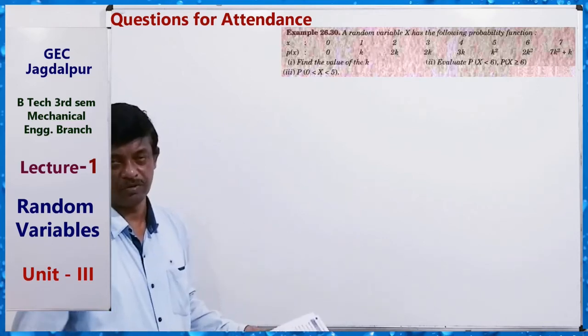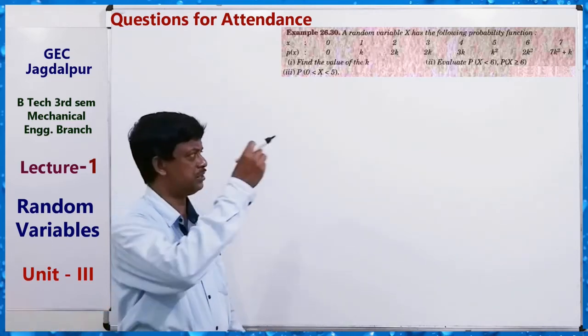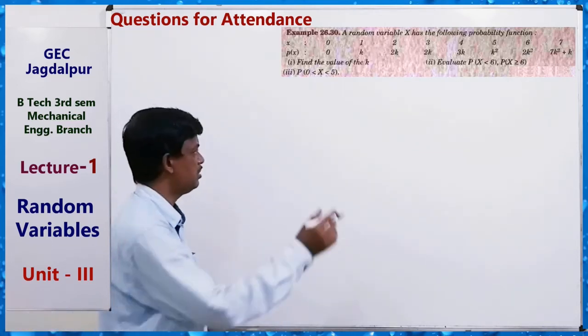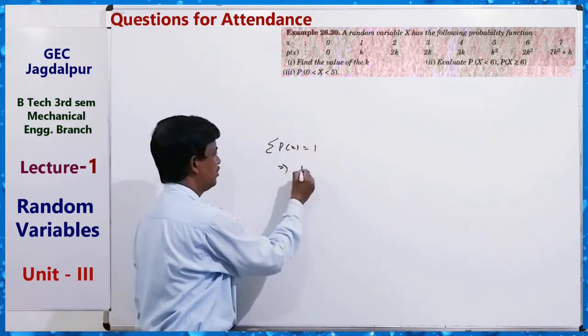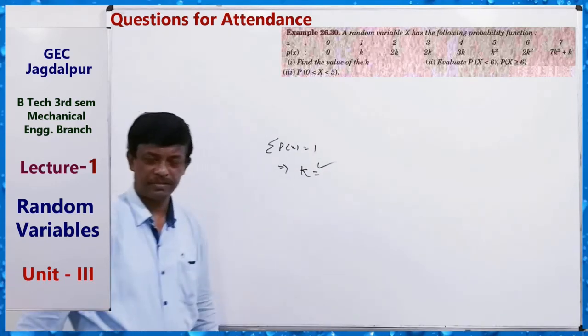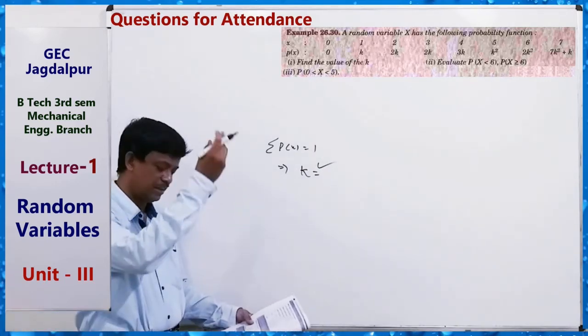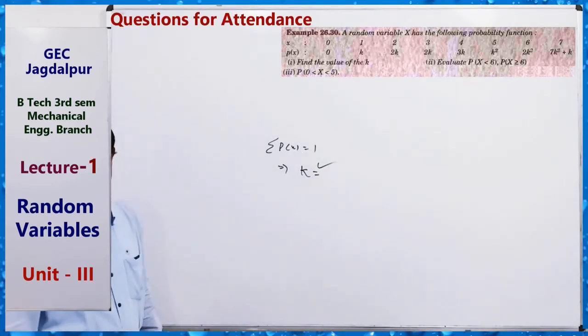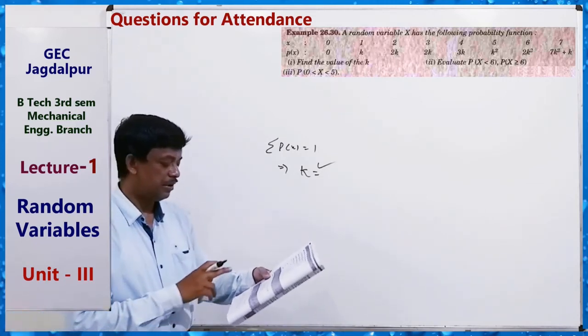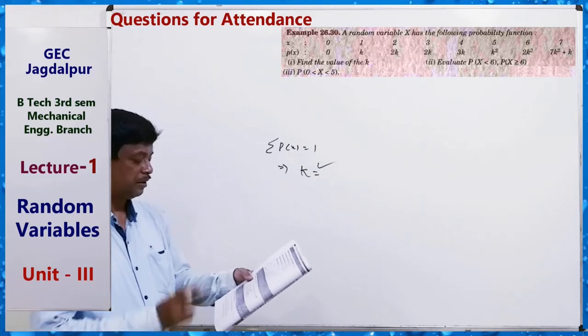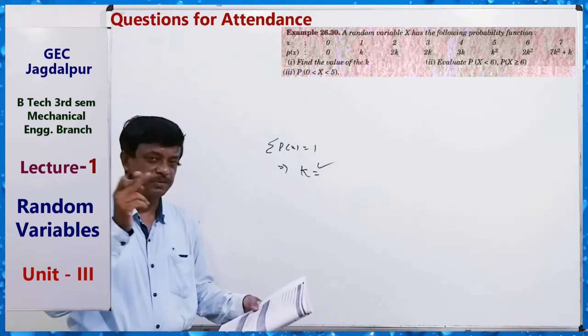So just do it as in the previous questions. First of all, sum of p(x) equals 1, get the value of k, and then solve as in the previous questions. But here, find the value of k and then the probability of x between 0 and 5.